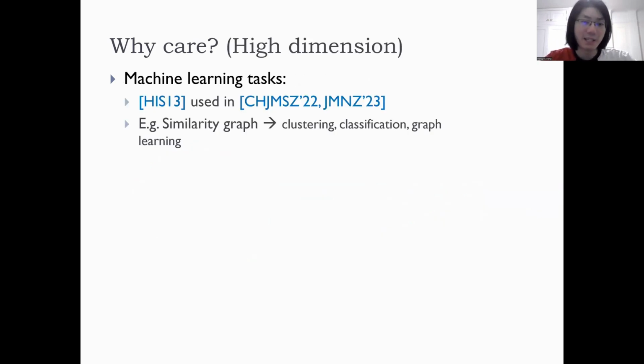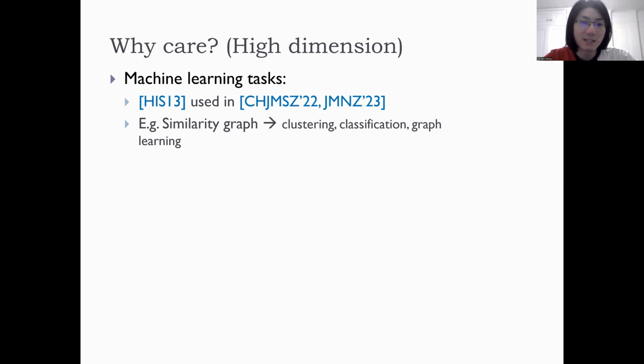For the high-dimensional case, which is our main focus in this talk, due to the recent rise of machine learning, high-dimensional tasks have become popular, because to deal with images, text, and videos, the common thing to do is to first embed those objects into high-dimensional vectors.